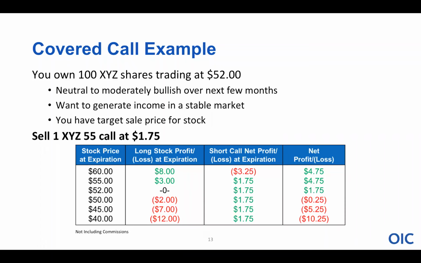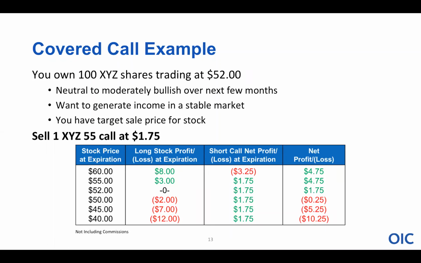Well, if shares go from 52 to 55, we're going to make $3 on our stock. And at 55, if we get assigned, we have the right to sell shares at 55. We would make $3 on our stock, but we took in $1.75 for that option. So $3 plus $1.75, that's our maximum profit potential, $4.75.